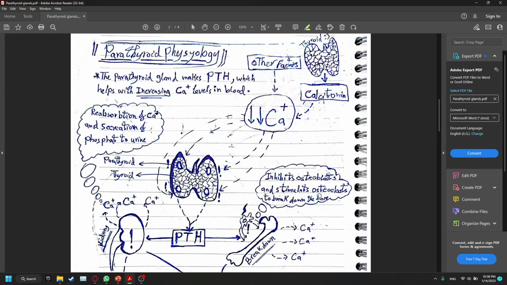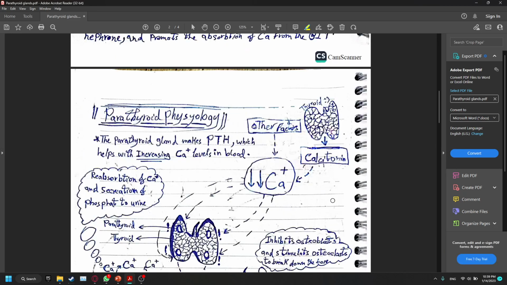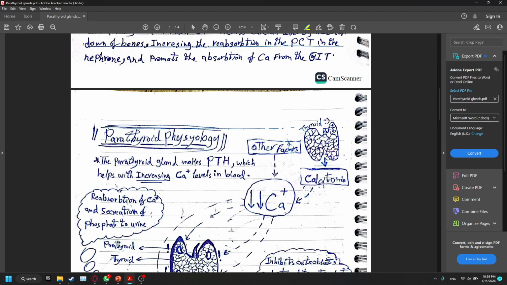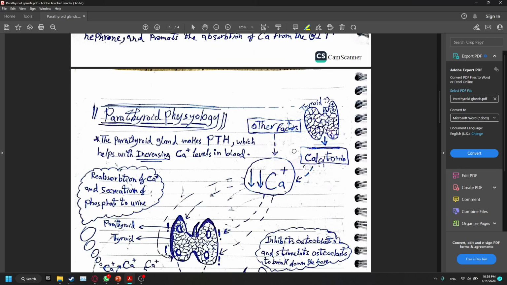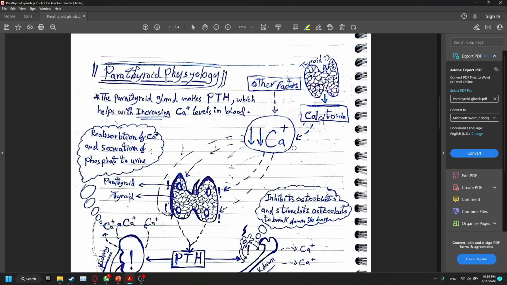And when it does, it stimulates the osteoblasts, and these cells build more into the bone, right? And that uses up the calcium, which drives the calcium low. Calcitonin also increases the secretion of calcium into the urine and increases the phosphate in the blood.